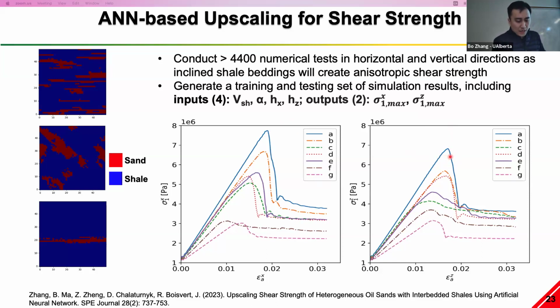So the inputs are actually tricky. I will explain why. They are the volume fraction of shale, the inclination of those shale beddings, and also the ranges in X and Z direction. These are more like geostatistical parameters for us to quantify the spatial variability of those shale beddings.